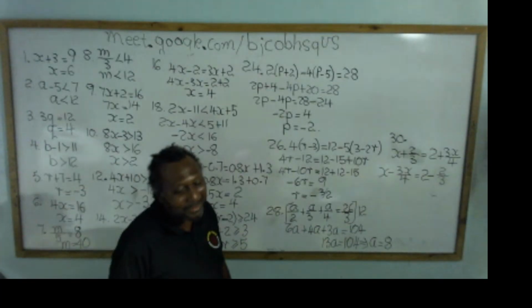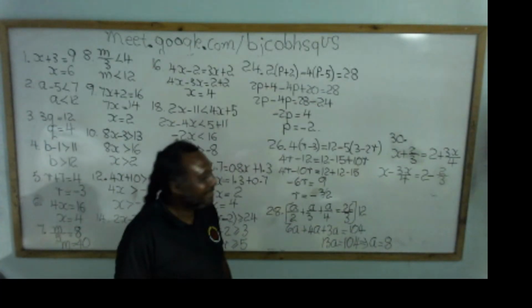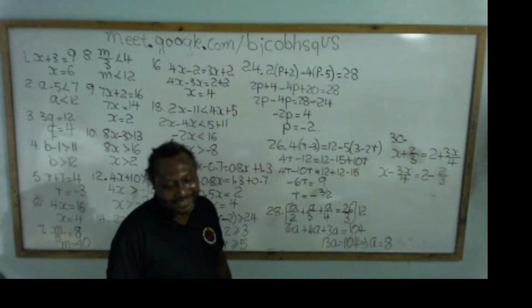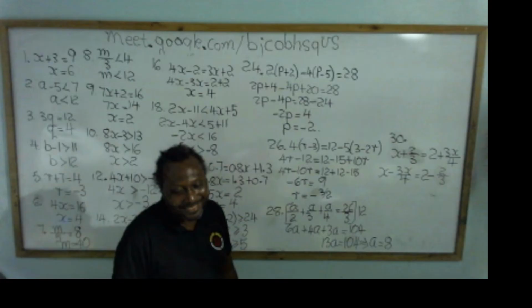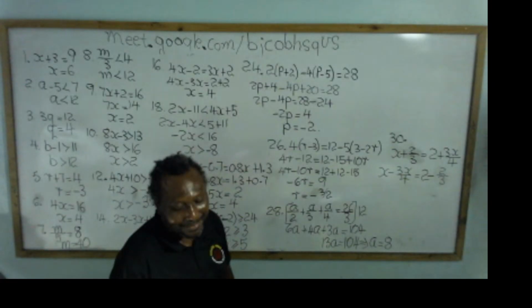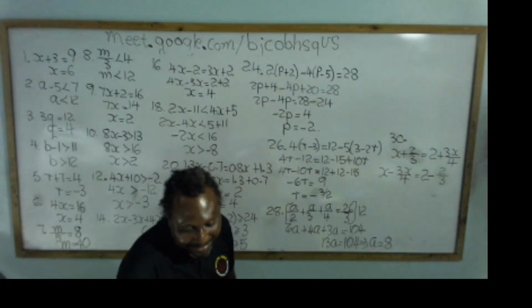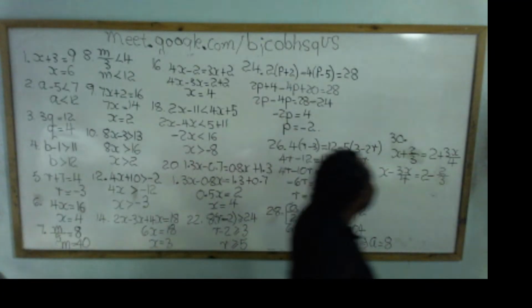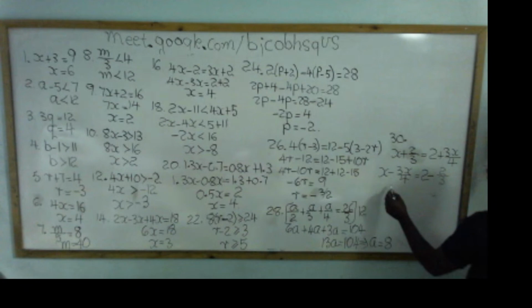So let's go. You have a cake, and you subtract 3/4 of the cake. What's left? A quarter of the cake. So we're going to have a quarter of x, or just x over 4.